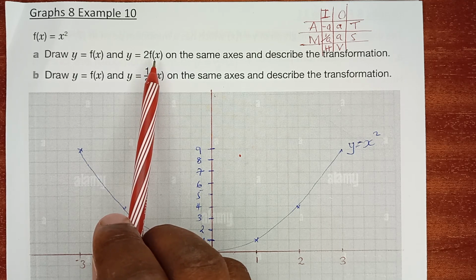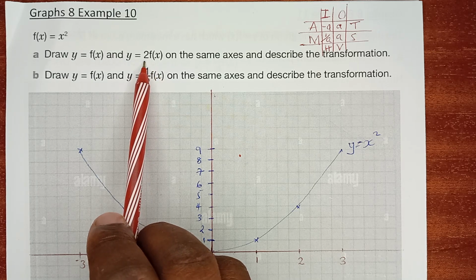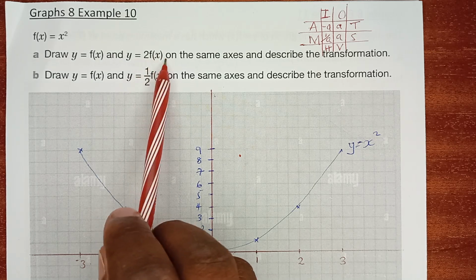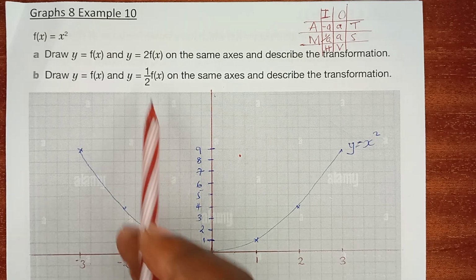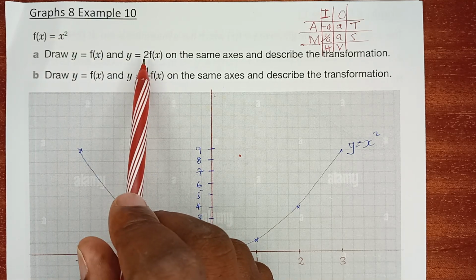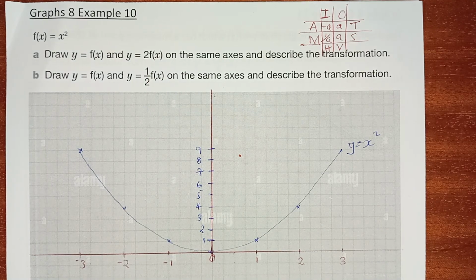It is not affecting the x, it is affecting the whole function. So this is multiplication outside. Outside means it's not within the bracket. If it was inside, it would have been within the bracket together with x.